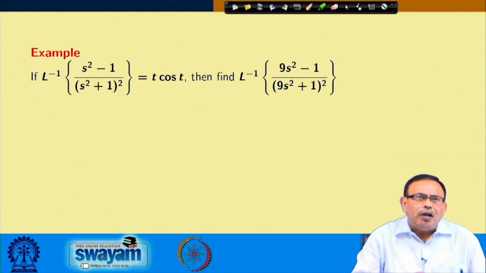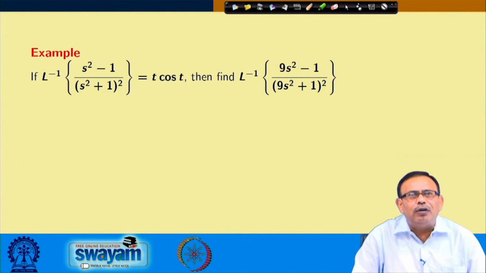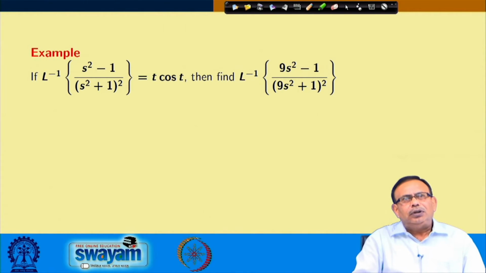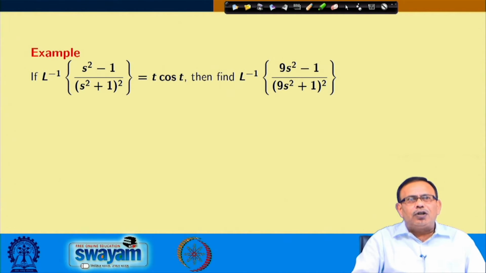The next one is, suppose I know the value of an inverse Laplace transform, just like it is given, say Laplace inverse of (s square minus 1) by (s square plus 1) whole square is t cos t. It is given to me. I have to find out the Laplace inverse of this function (9 s square minus 1) by (9 s square plus 1) whole square.